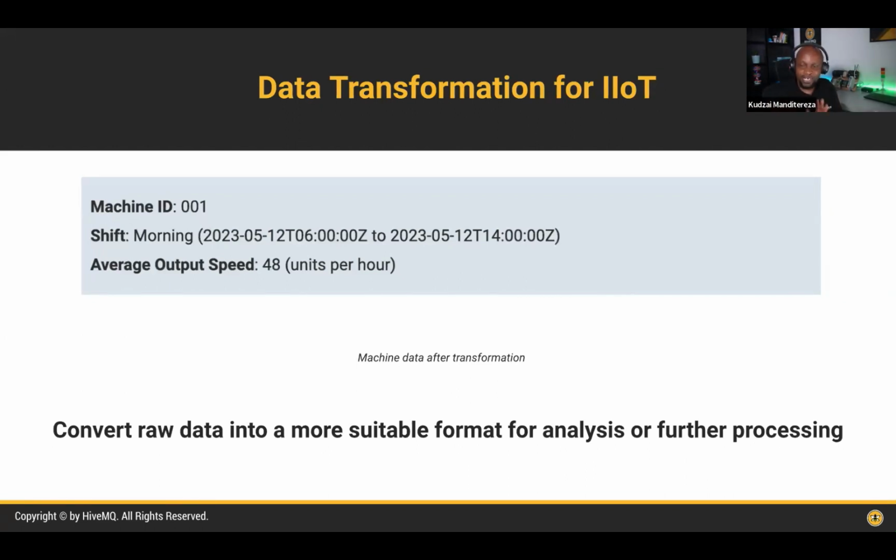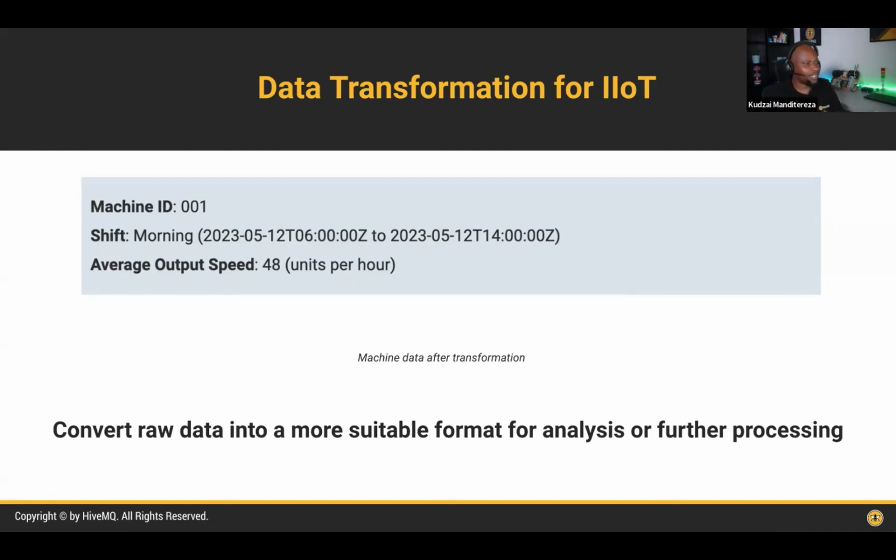This is where data transformation comes into play, whereby you look at your data and say, okay, it makes sense for us to represent the speed as an average output speed over a 48-hour period. For whatever reason that could be, different organizations have different ways of looking at data based on the context of their operations.